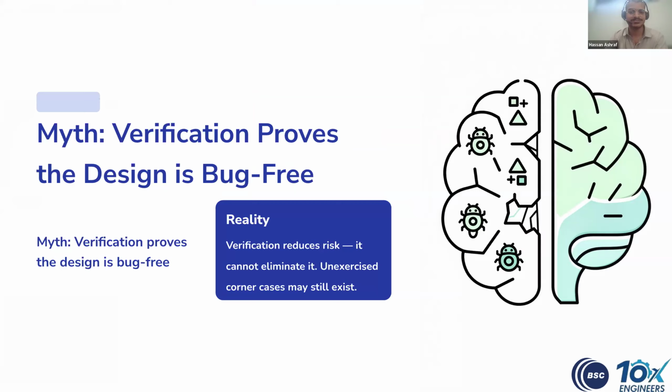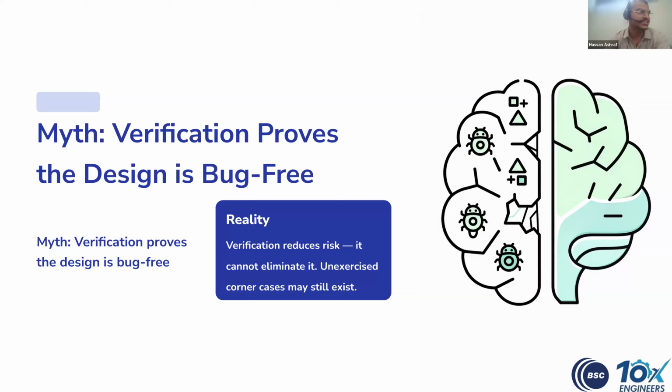So if you develop a test plan for some design and you miss some case in your test plan, you are not going to generate the stimulus for that test case, and that part of the design would be untested, and you cannot say anything about the bug frequency in that part.